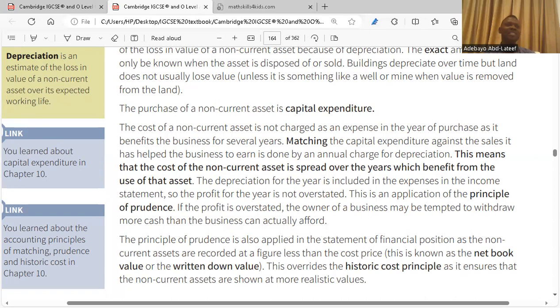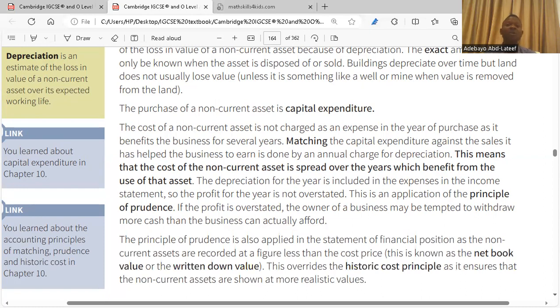This is capital expenditure. Are you with me? Yes. So we call it capital expenditure because it's an investment in a non-current asset. Is it clear? Yes. Good.